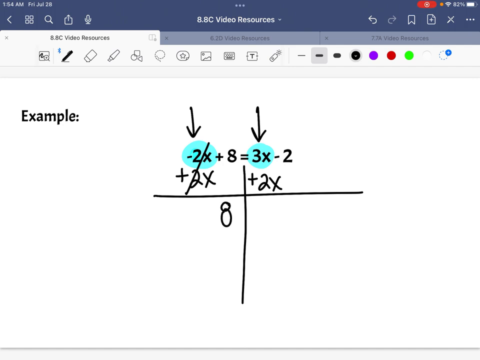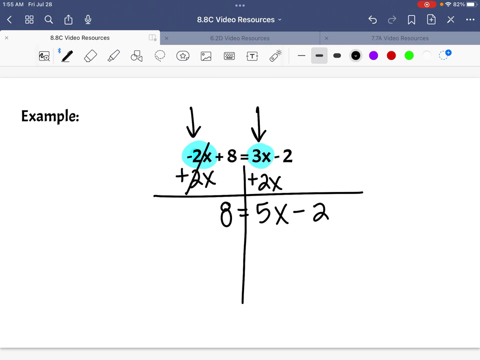And I'm left with a +8 equal to, so again, when I'm looking at this right-hand side, I'm only adding 2x to the x's that are already there. I'm not adding the 2x to that -2. So I'm taking a look at 3x plus 2x, which gives me 5x, and then that -2 is still there.